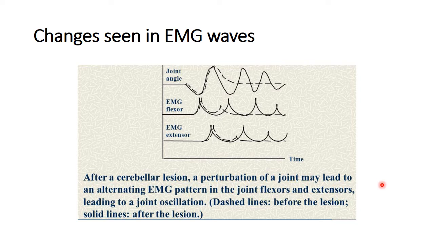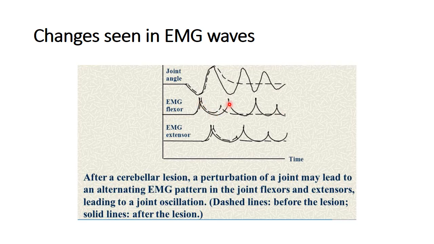So these changes can be visualized in a joint angle. There is a pendular movement. In the flexor muscles EMG, the dashed line is the normal one before the lesion, and the solid line indicates the cerebellar lesion.